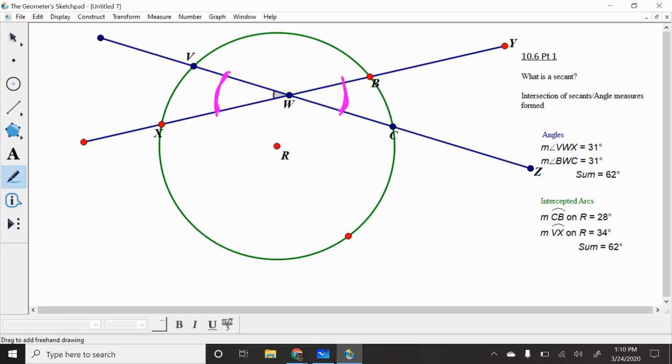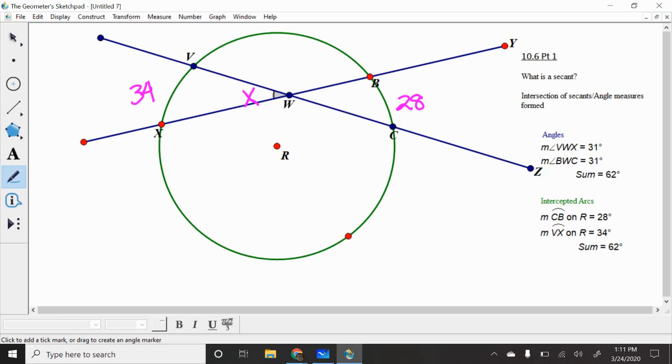these two angles. Let's say I knew that this was 28 and this was 34, and I was looking for the measure of angle X. Well, how would you find that measure? Now, you know it's not 34 because X is not a central angle.